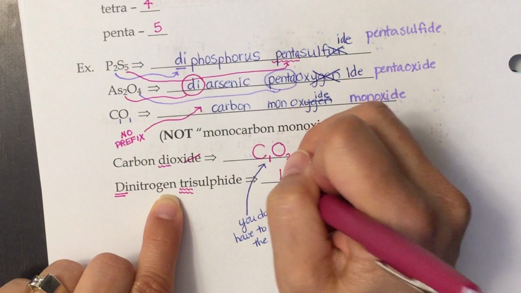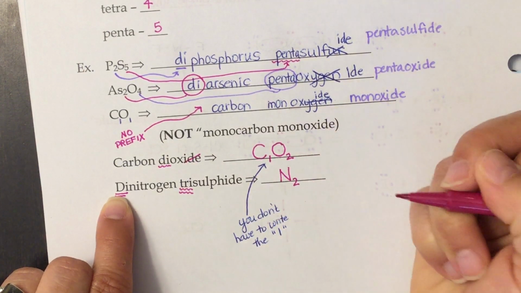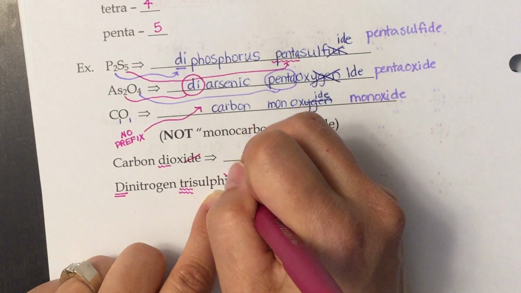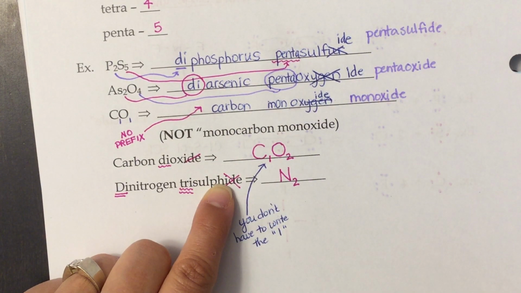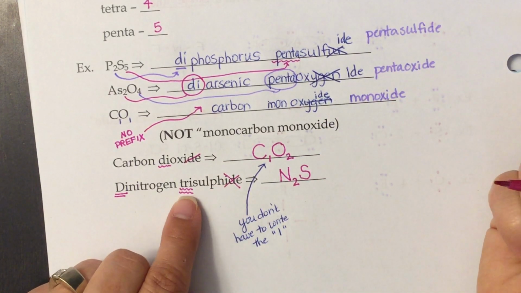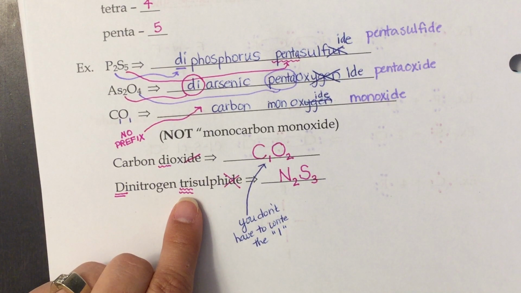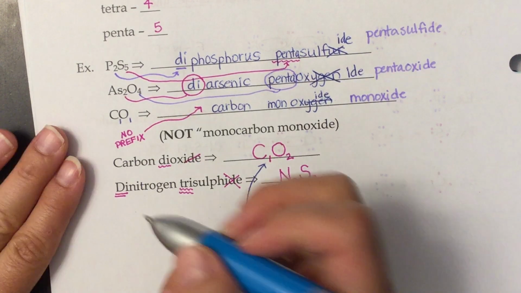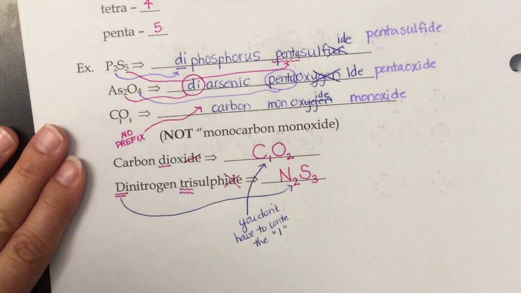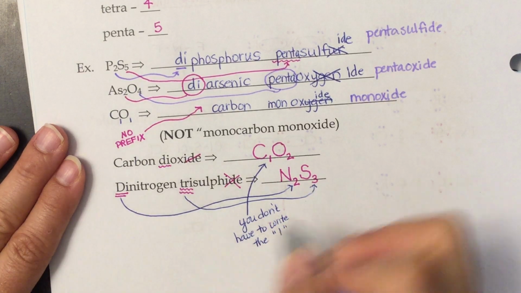Well, that's going to be N. And there are 2 of them, so it's going to be N2. And now trisulfide, well, I don't need the IDE, but that's going to be sulfur, so that's S. Okay, and then tri means 3. Okay, N2S3. Okay, so here is where the di went, and then here is where the tri went.